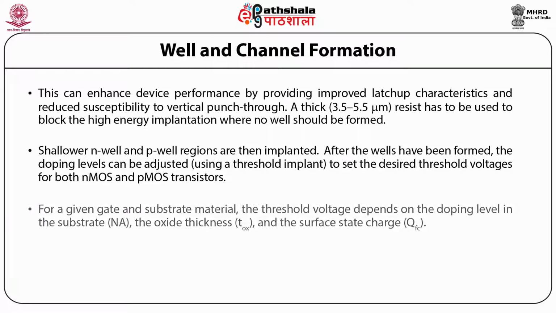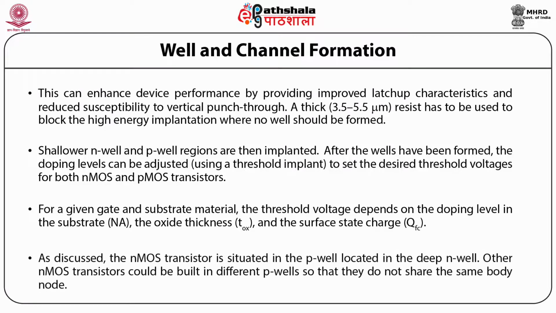Let us say for a given gate and substrate material, the threshold voltage depends on the doping level in the substrate NA, the oxide thickness t_ox, and the surface state charge Q_fc. This implant can affect both NA and Q_fc and hence Vt. So this figure shows a typical triple well structure.